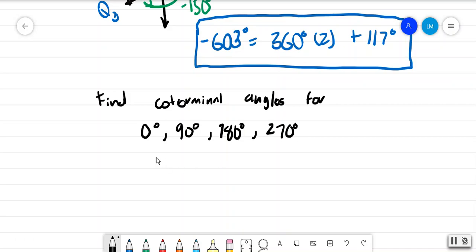And then maybe try some like 30, 45, 60, and that would probably be it for now. I think that's a good end.